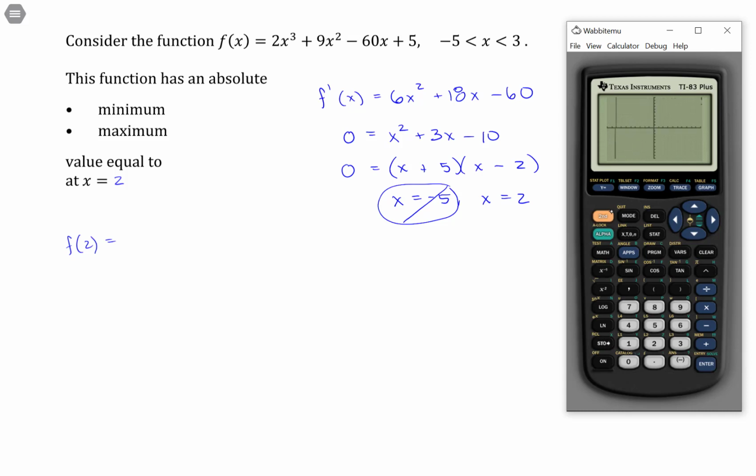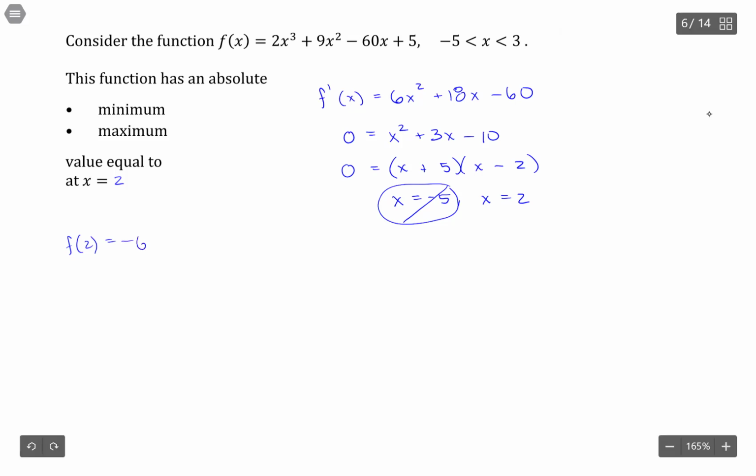All right. Oh, I didn't mean to graph it. I meant to use a table. All right, so if I plug in 2, I get -63. So the absolute maximum or minimum is equal to -63, and it's at x equals 2.